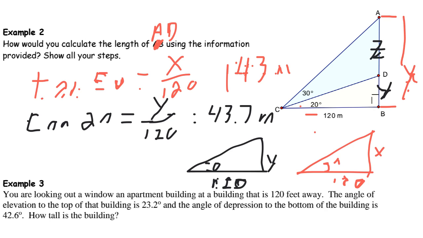Subtracting those, 143 minus 43.7 gives me 99.3. So AD is 99.3 meters.